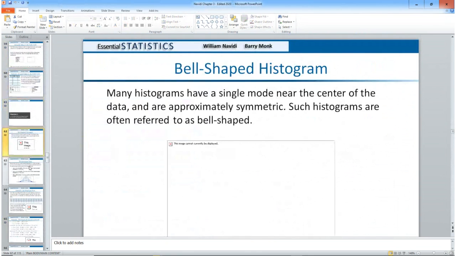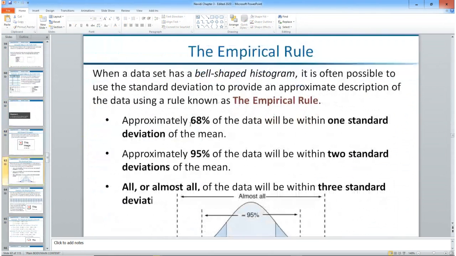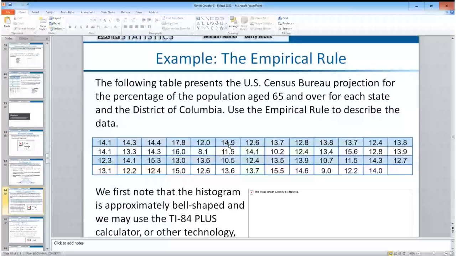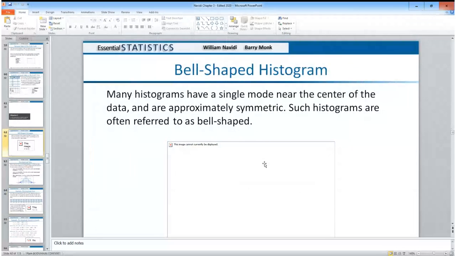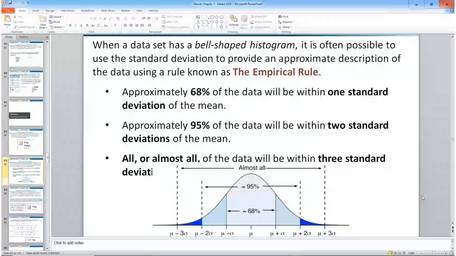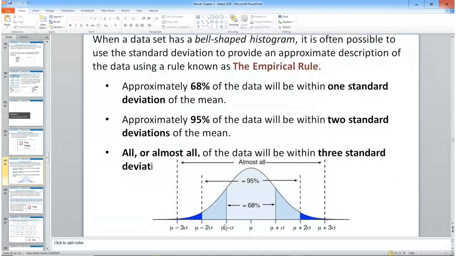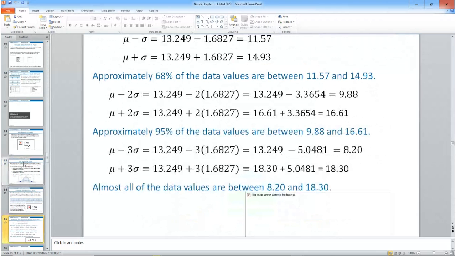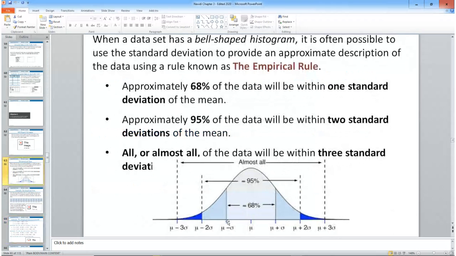So back to this. So for this particular data that we've got, this was the 11 point, what was it? 11.57 is right here, and 14.93. So 68%.